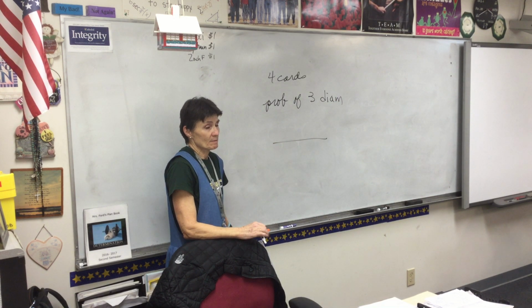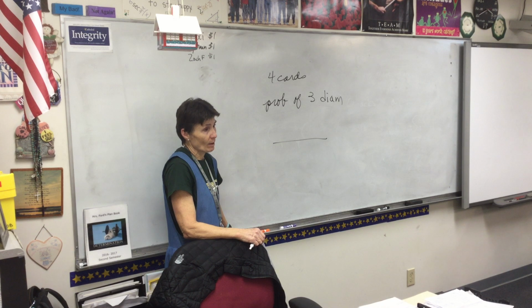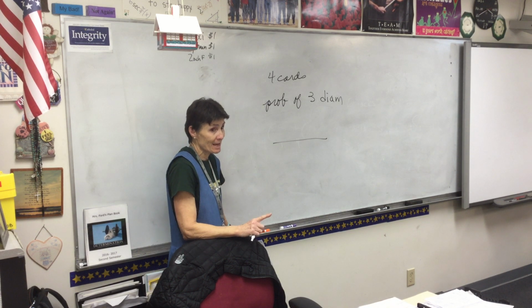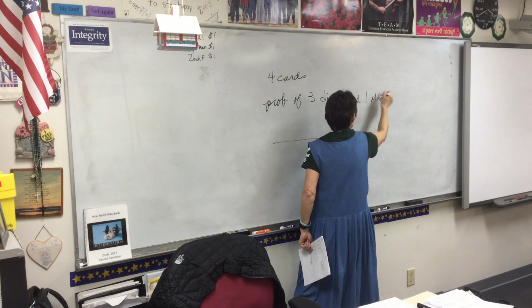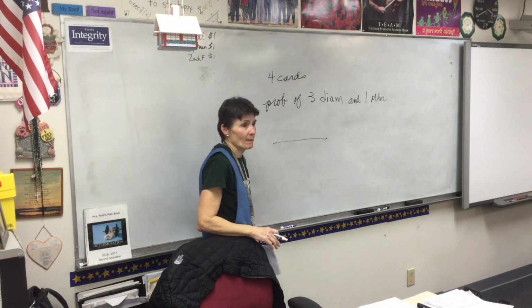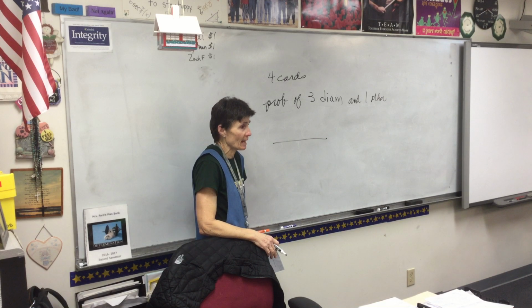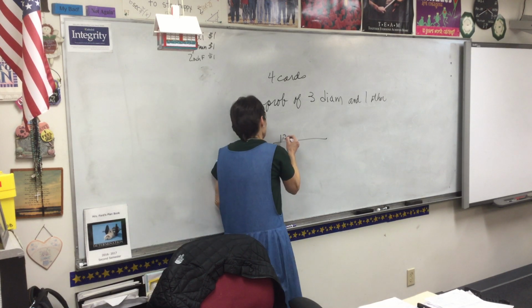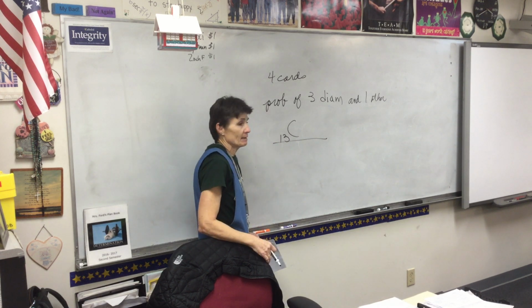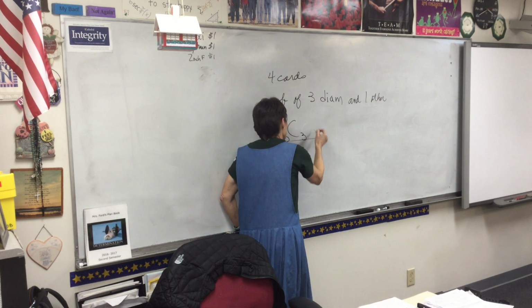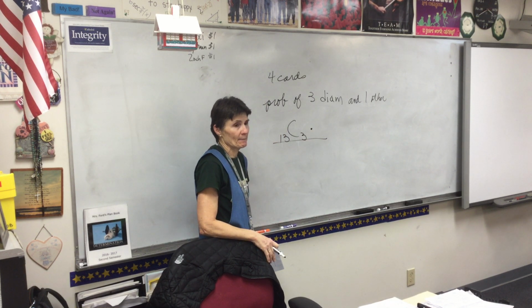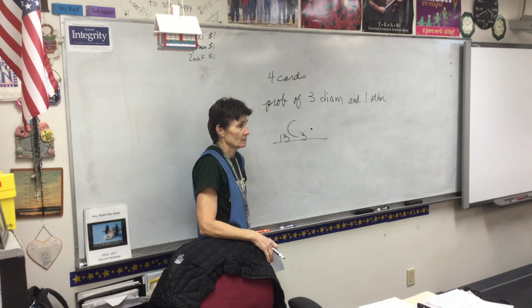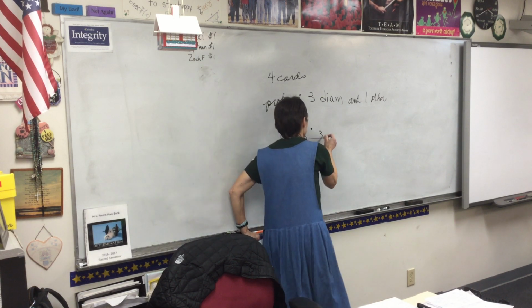What does 3 diamonds mean? It's a 4-card hand, so I'm going to have to get 3 diamonds and 1 other card. What do 3 diamonds look like? How many diamonds are in the deck? 13. How many am I picking? 3. And how many other cards are in the deck that aren't diamonds? 39.